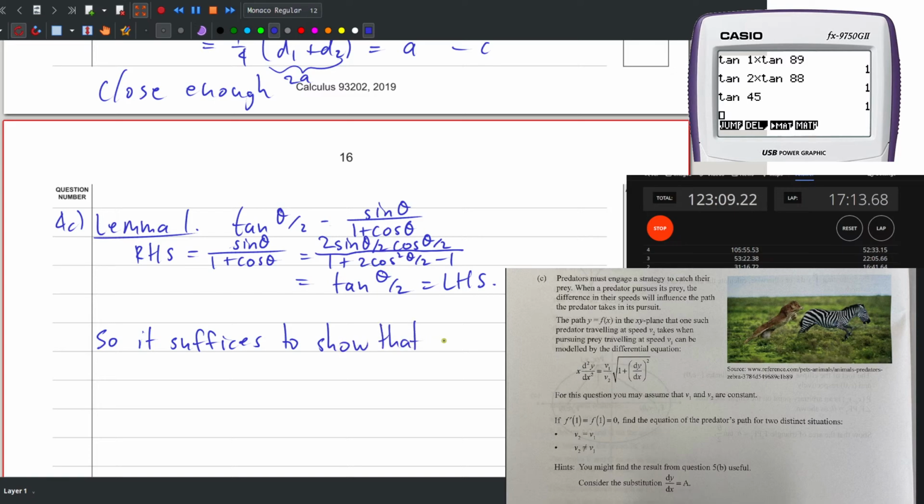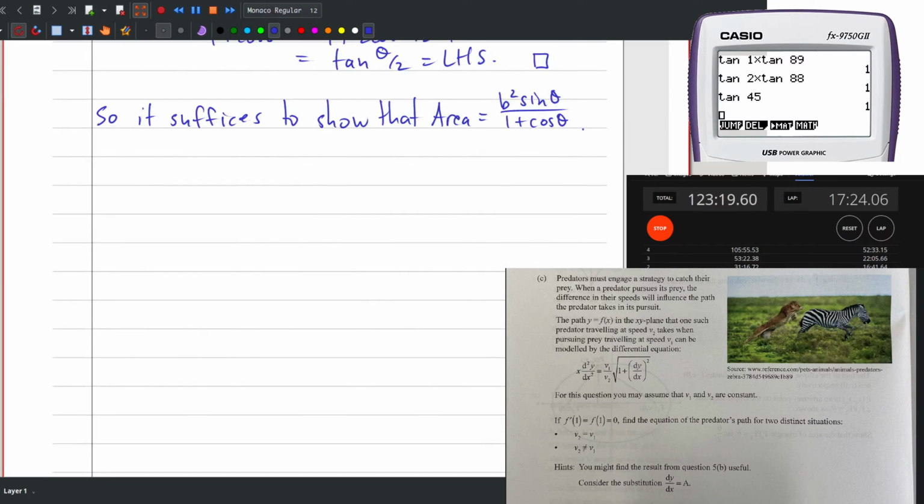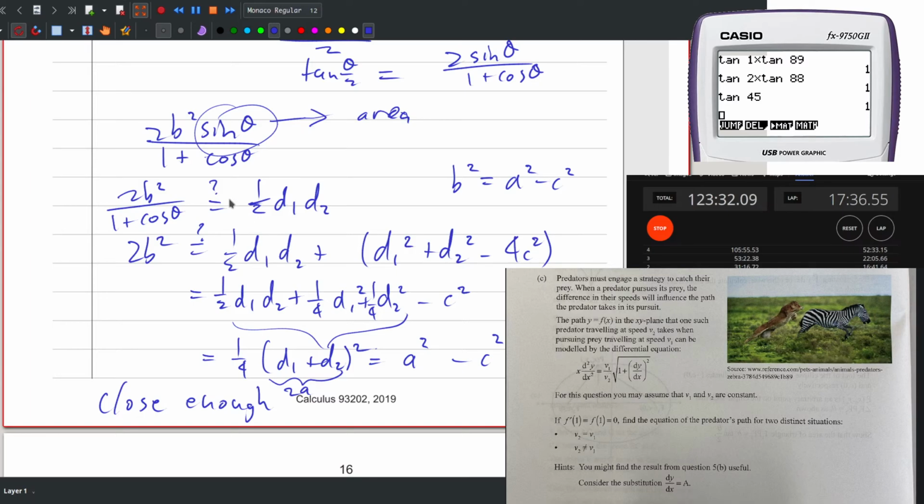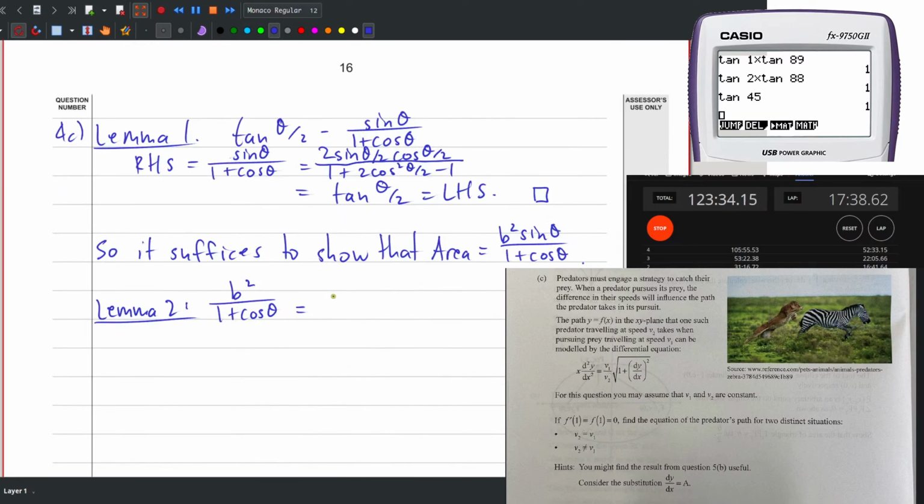So it suffices to show that area is equal to b squared sine theta over 1 plus cos theta. Right, and so now we have lemma 2. Lemma 2: I want to say b squared over 1 plus cos theta is equal to this thing, half d1 d2.